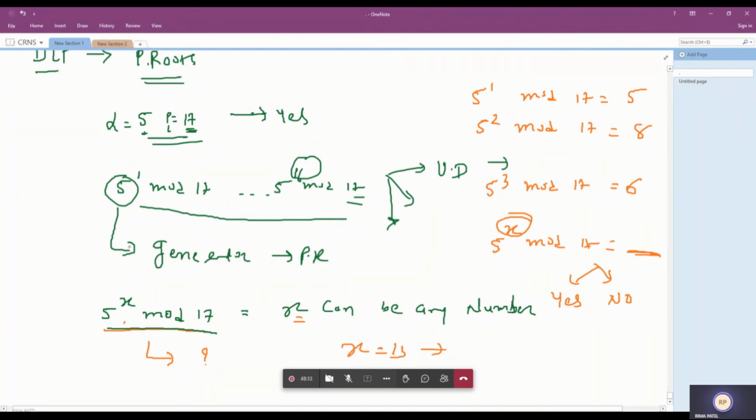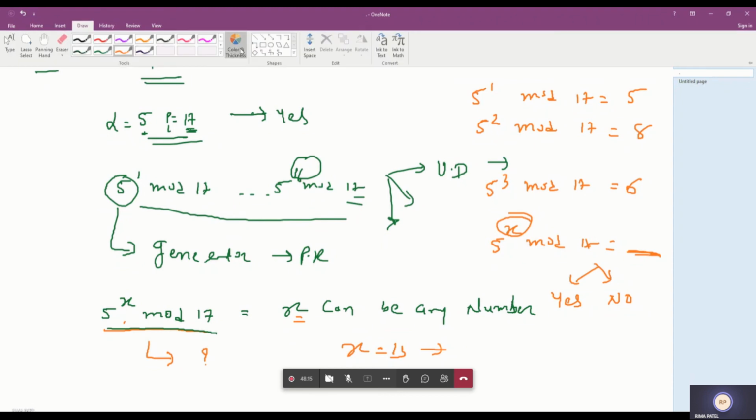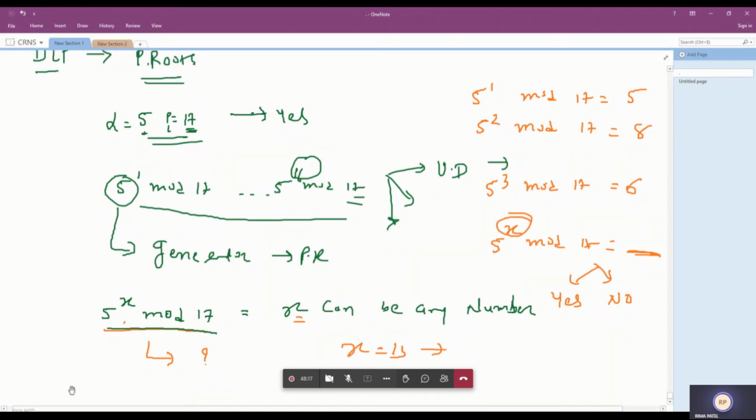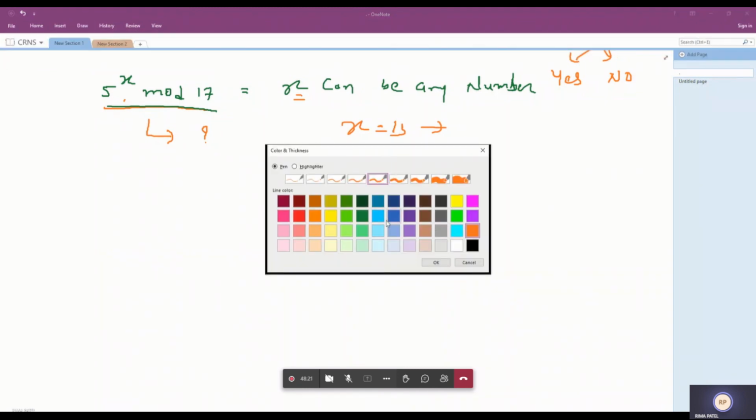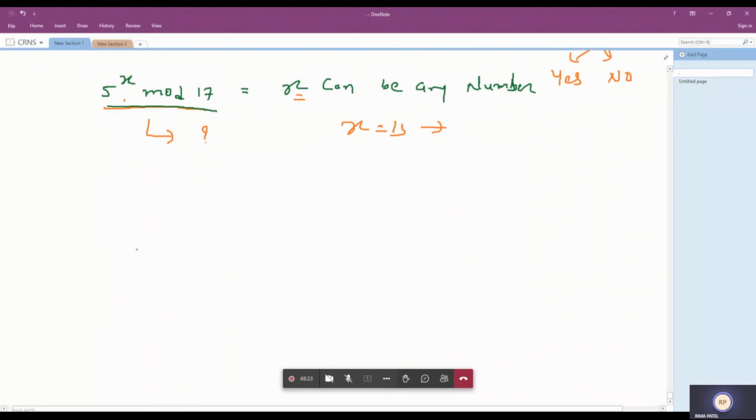Now let me tell you one thing. If I give the equation like this, 5 raised to x mod 17 equal to 12, now find the value of x. Will it be easy for you?